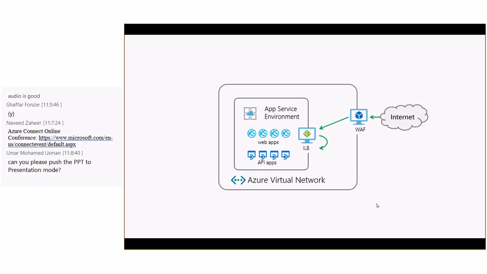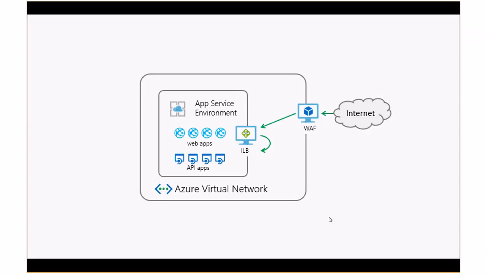In this scenario, we will be addressing both concerns. First, the concern that my app is not connected to my VNet and we want to talk back to SQL Server. We had App Service Environment V1, and a couple of months ago we announced ASE V2.